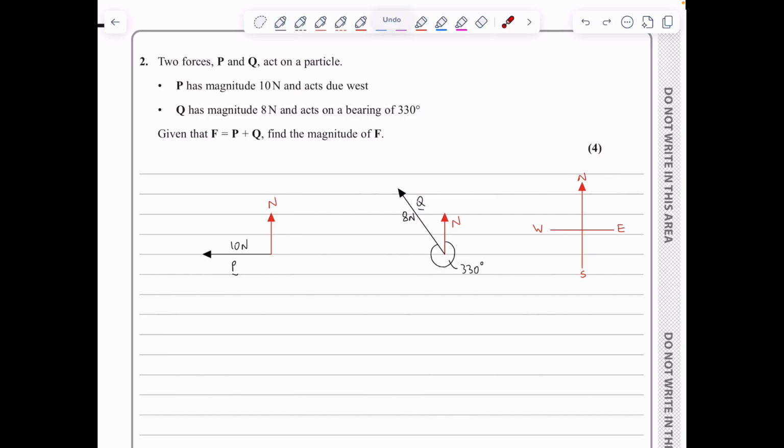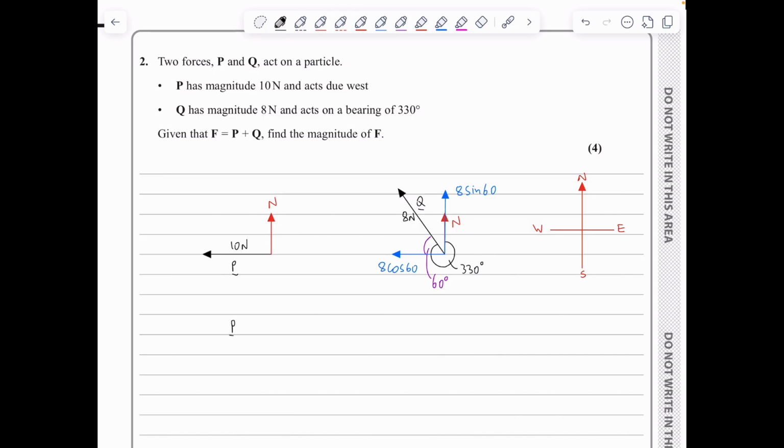The bearing is 330. I can easily resolve the 8 newtons using the fact that this angle here should be 60 degrees because all of this is 270. So 330 minus 270 is the 60 degrees here. So to the left it's 8 cos 60 and upwards it's 8 sin 60. So what I'll be doing, I'll be expressing P and Q in vector form.